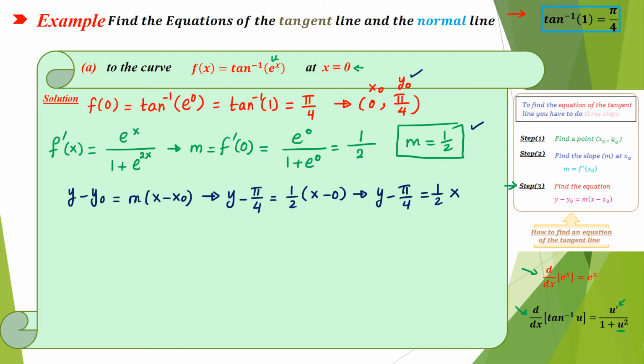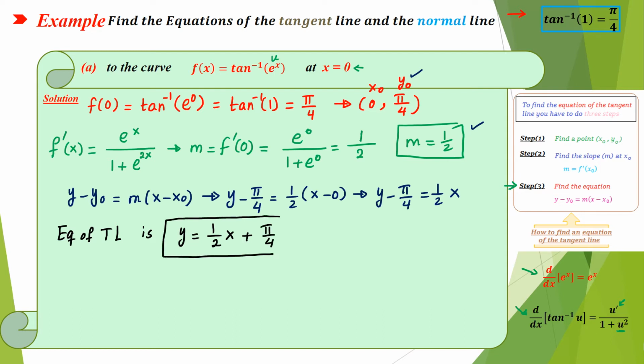So finally you have to add pi over 4 to both sides to get the final answer. So the equation of the tangent line is y equals 1 over 2 x plus pi over 4. This is the equation of the tangent line.